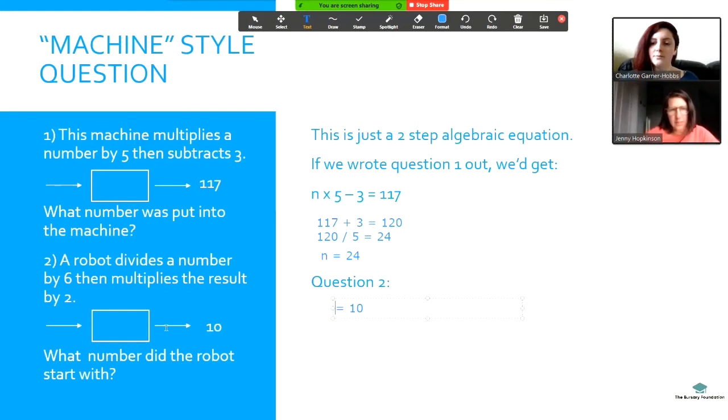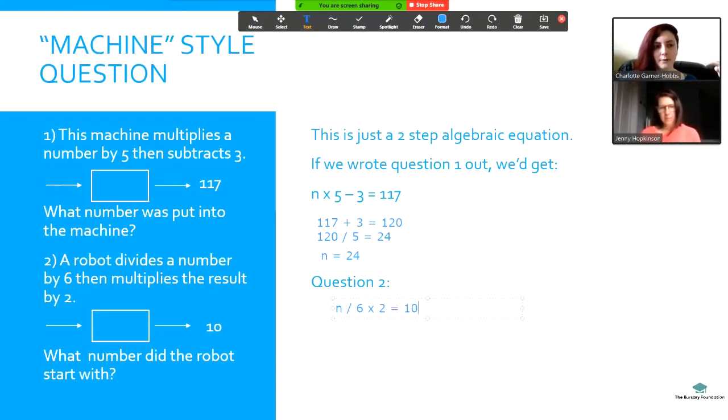But before we do that, let's write it all out. So we've got our number n. What's the first thing we do to our number? n divided by 6, multiplied by 2, equals 10.